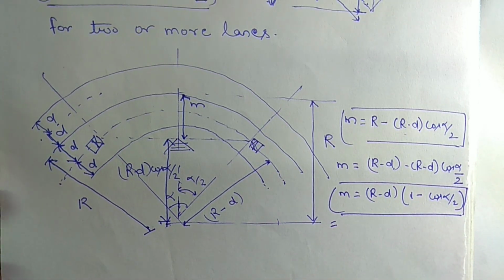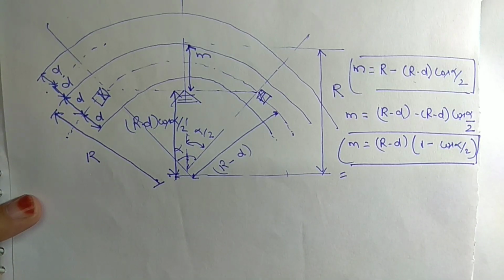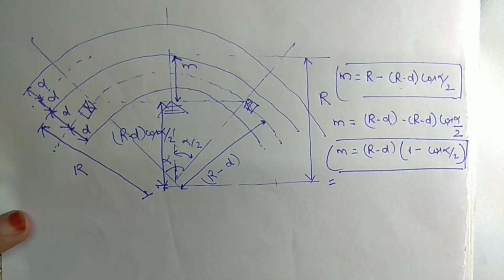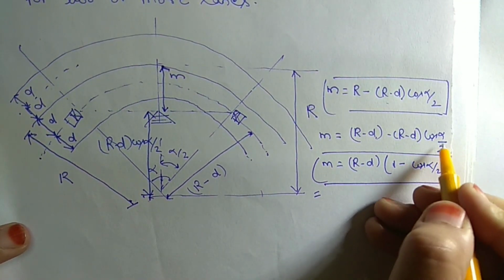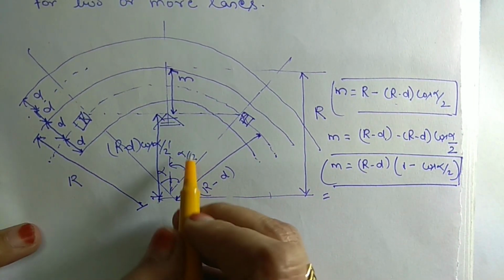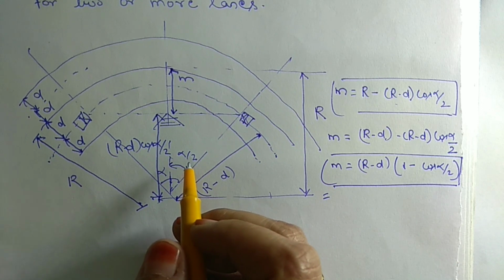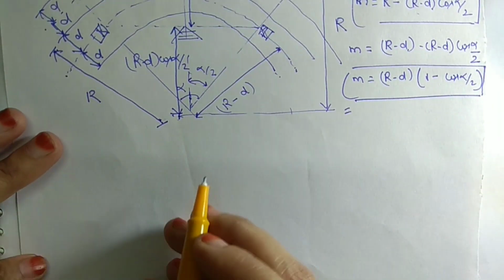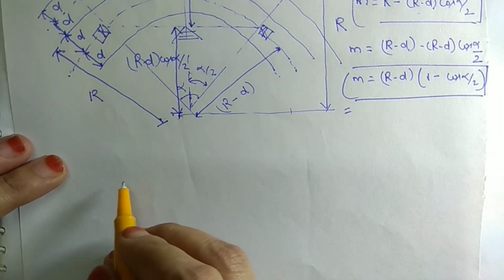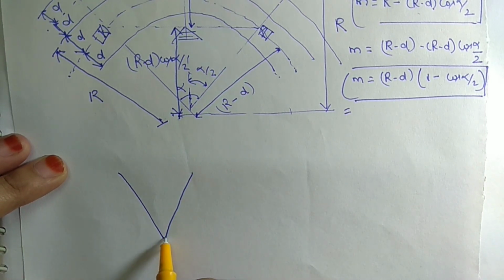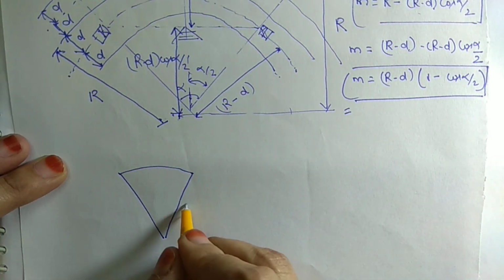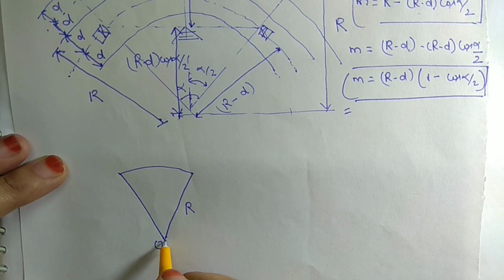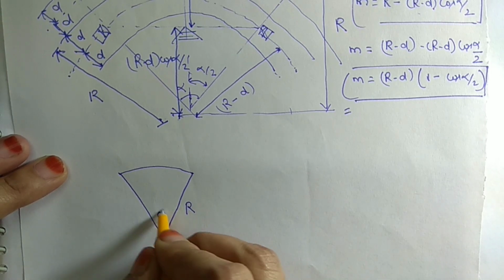So this is the setback. Now one more thing I want to tell you is how we can calculate this alpha angle or alpha by 2 angle. As this is a property of a circle, suppose this is any circle, this is the radius, this is the center of the circle and this angle is theta.